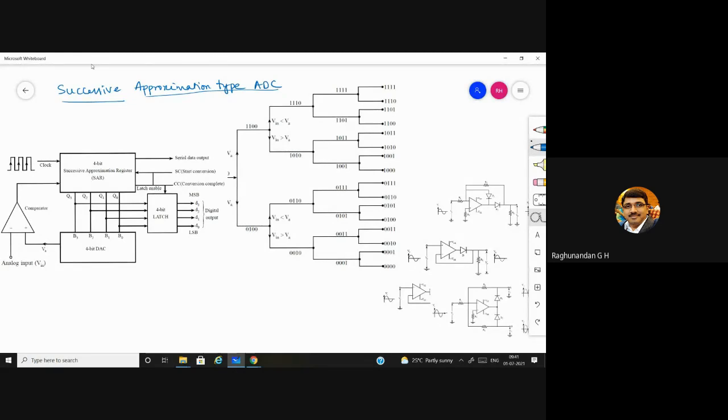So may I know what is the difference between latch and flip-flop? What is the difference between latch and the flip-flop? Both work in the same way, but there is some difference between latch and flip-flop.